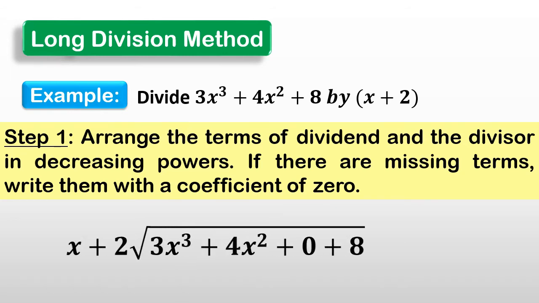So, it will become, our divisor here is x plus 2, and the value of our dividend is 3x cubed plus 4x squared plus 0, which is yung missing term, plus 8. Okay. After we arranged according to the power of the dividend, let's proceed for step 2.